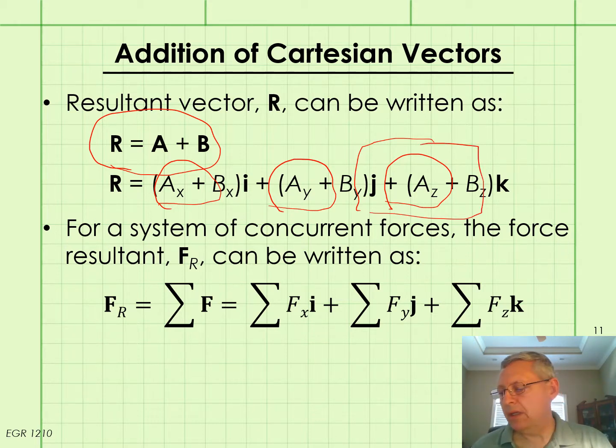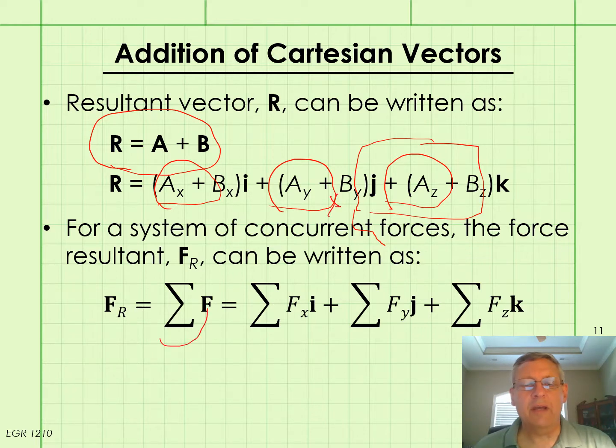Okay, so in general, if we have a system of concurrent forces, again, the forces have to be concurrent. We're going to learn how to deal with non-concurrent forces later in the course. And this is for any number of concurrent forces. The force resultant, F sub r, can be written as the sum of the forces.